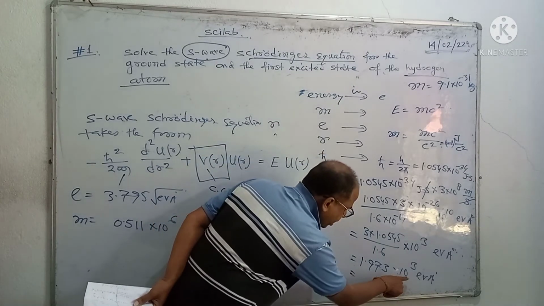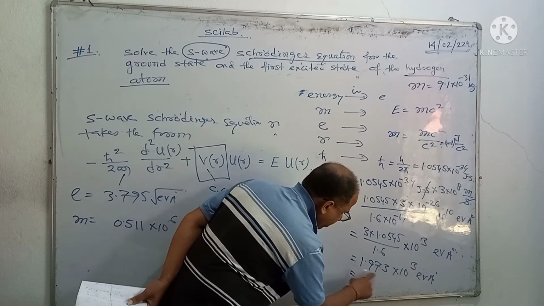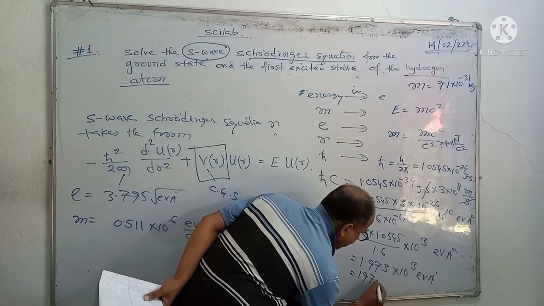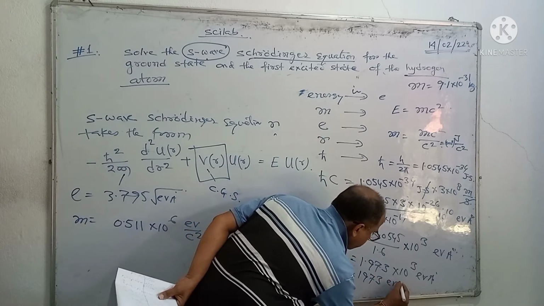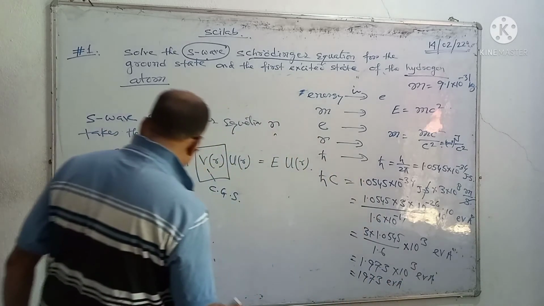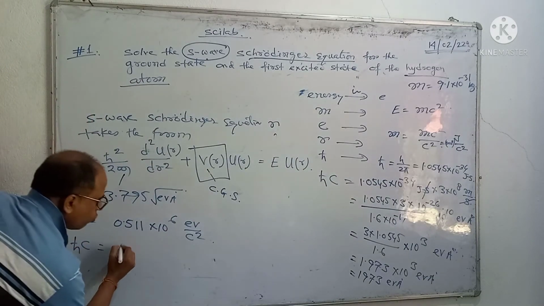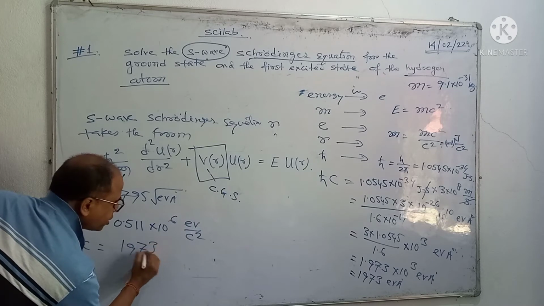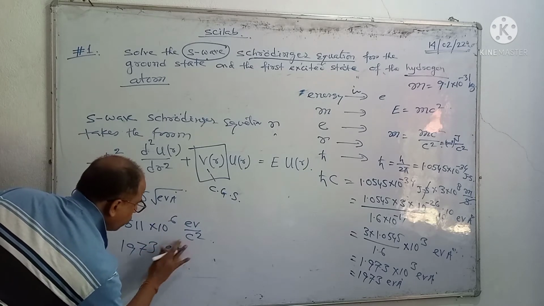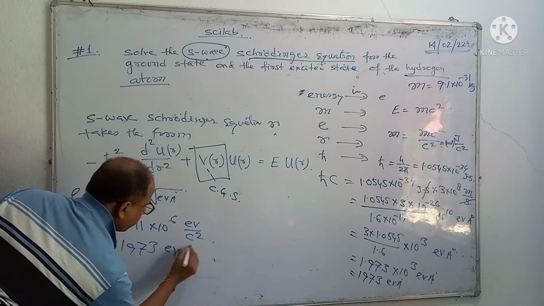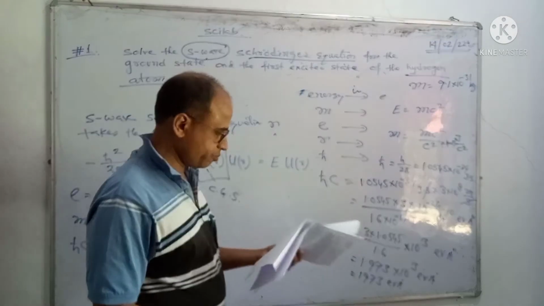This is equal to, now 10 to the power 3, if we multiply, then 1973 electron volt angstrom. Therefore, ħc is equal to 1973 electron volt angstrom. Therefore, everything is done.